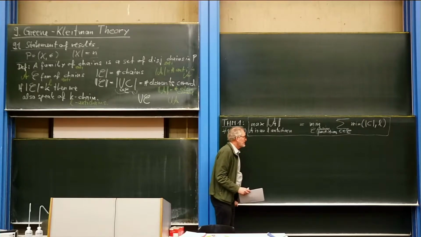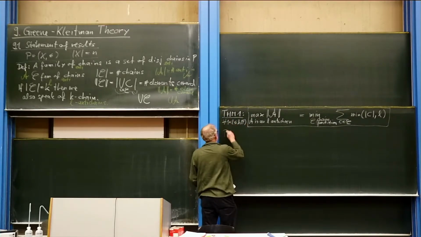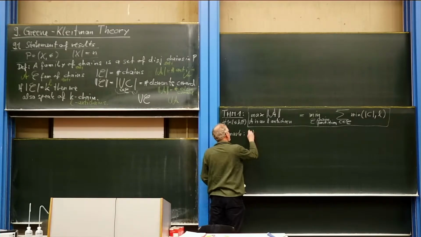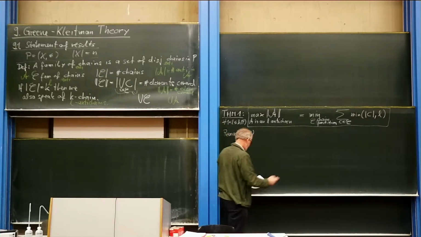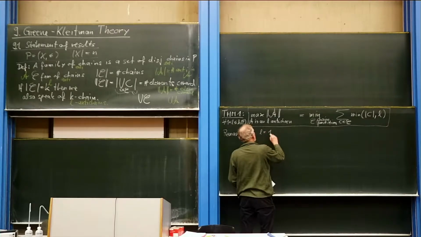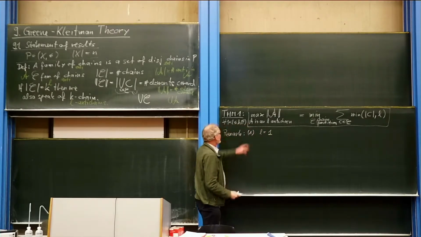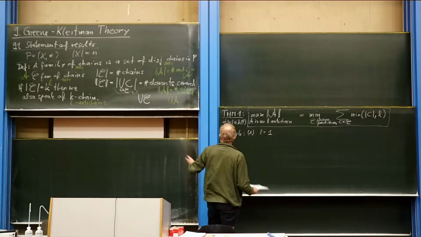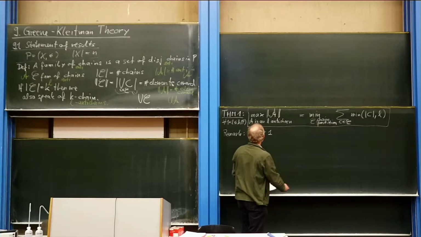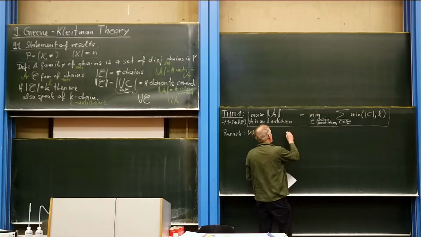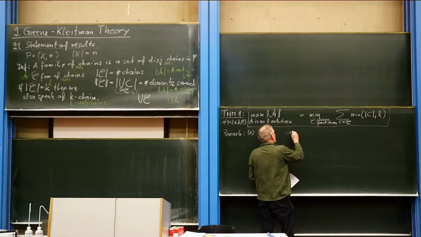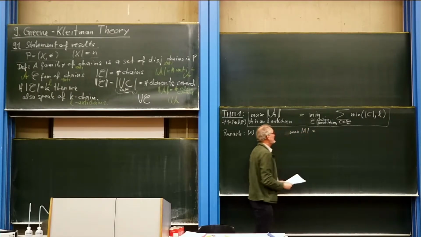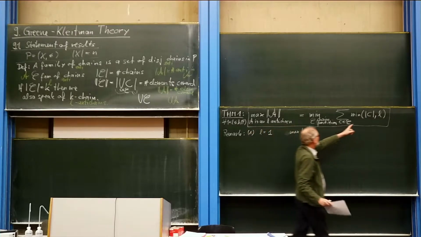And here are remarks. Well, the first remark is that if we take L equals 1, then we will talk about one antichain. So this is just a single antichain, and the left-hand side is the width. And on the right-hand side, we work with L equals 1.